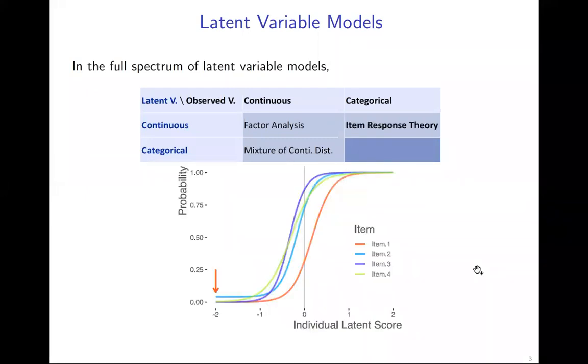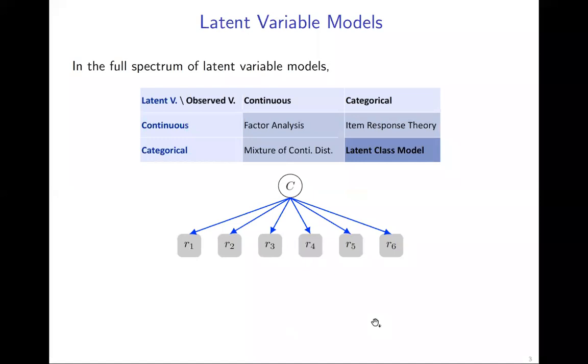Then if we want to model categorical data, then traditionally in the social sciences, the item response theory models are usually used to understand categorical data using continuous latent scores. Finally, if we move to the world consisting of completely discrete random variables, then a latent class model is a popular approach to model multivariate categorical responses, but using a univariate categorical latent variable.